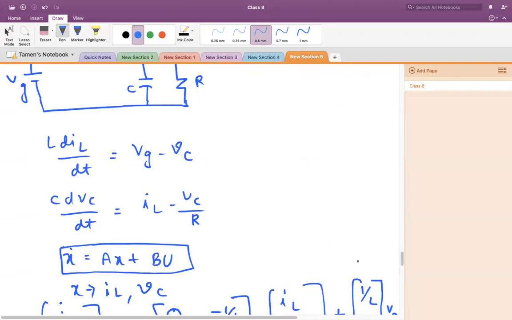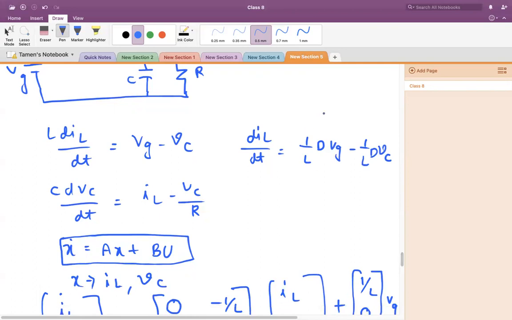So the on part will be: dIL by dt will be equal to 1 by L. Suppose I consider D as the on part, D into VG minus 1 by L D into VC. This is for the on part. I am not writing the T, it is not required actually.